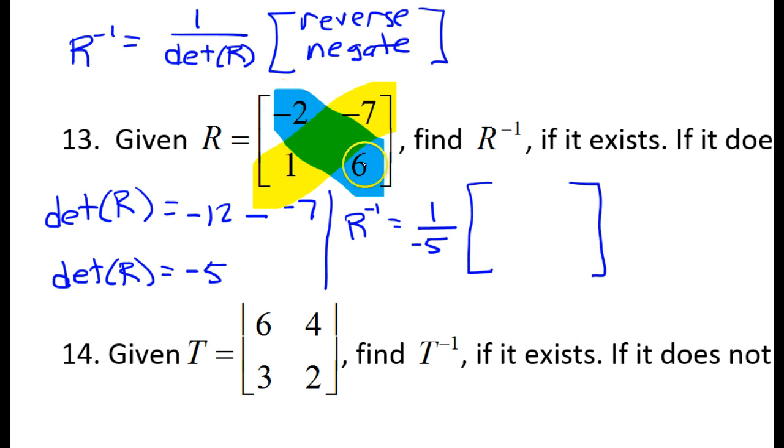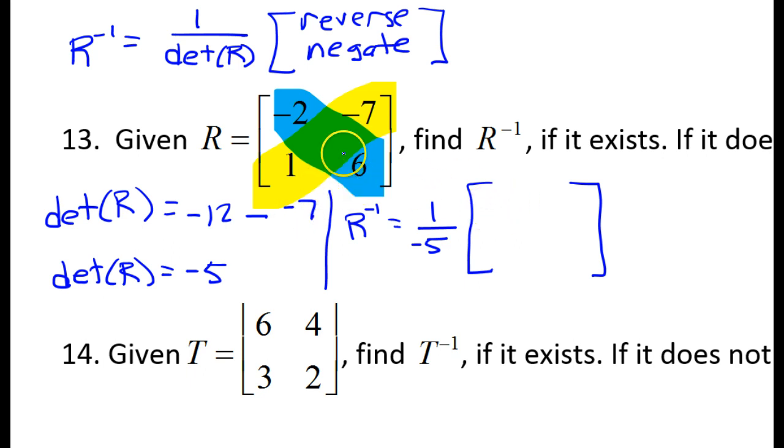I'm still looking at the down diagonal and the up diagonal, but I'm going to reverse the down diagonal and negate the up diagonal. Remember the cha-cha slide, where they used to go reverse, reverse, reverse, reverse. So think of that, except say reverse negate, reverse negate. So that might help you remember. I know it's a little silly.